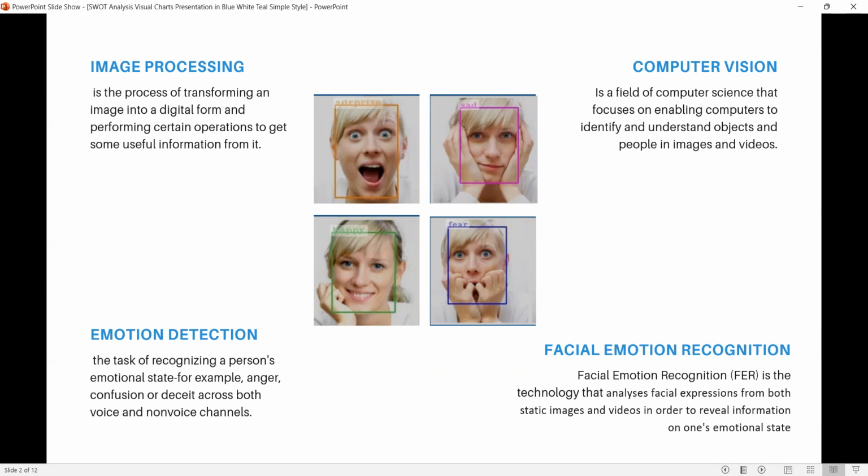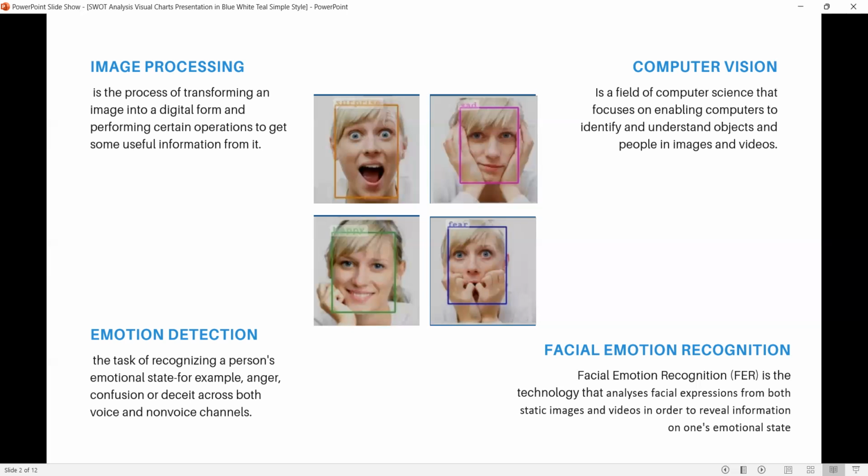This technology has various applications like sentiment analysis, market research, human computer interaction, and nowadays many technologies apply it in fields like healthcare and monitoring patients.